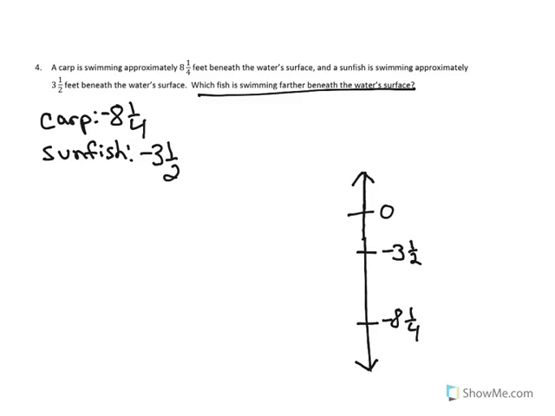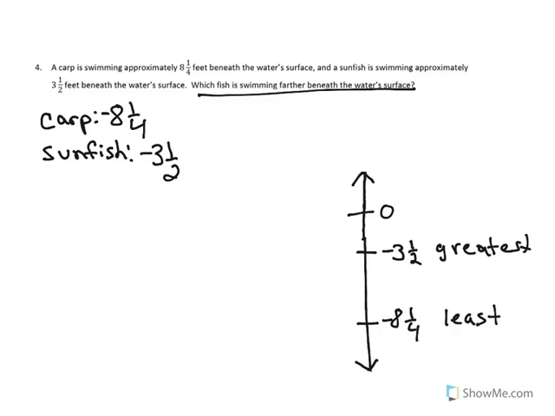The one that is below and the lowest and the farthest from 0 is the least. In this case, that would be the negative 8 1/4. And the negative 3 1/2 would be the greatest number. We're looking at just these two.